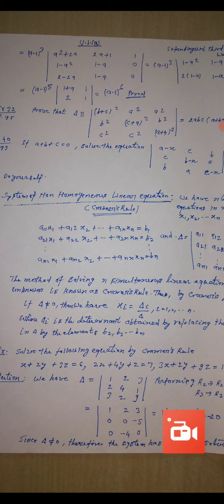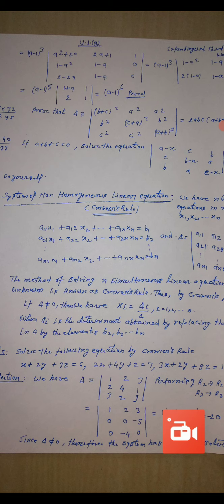And here the determinant, that is delta, is equal to a11 a12 a1n in the first row, in the second row a21 a22 and so on up to a2n, and the last row an1 an2 ann, and this is not equal to 0. So the method of solving n simultaneous linear equations in n unknowns is known as Cramer's rule.